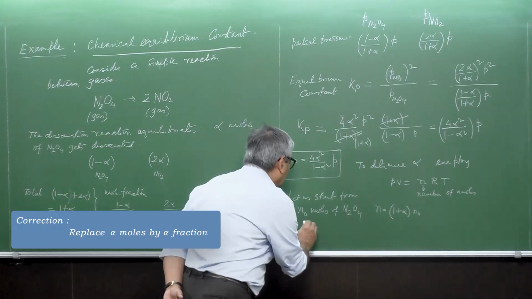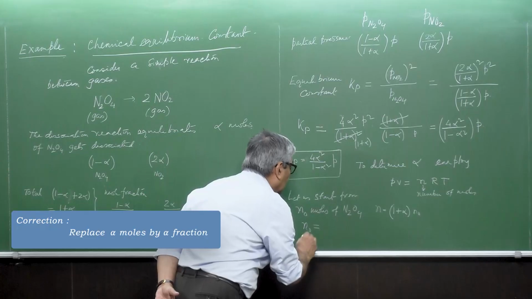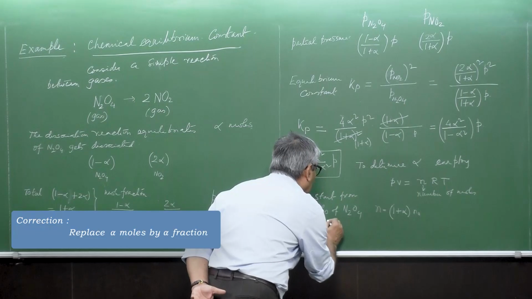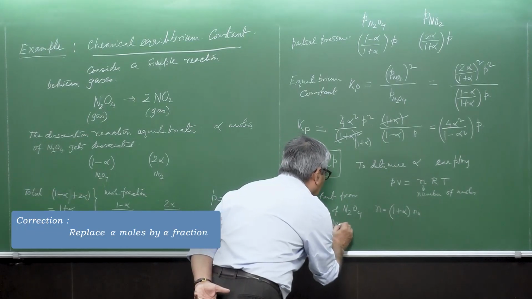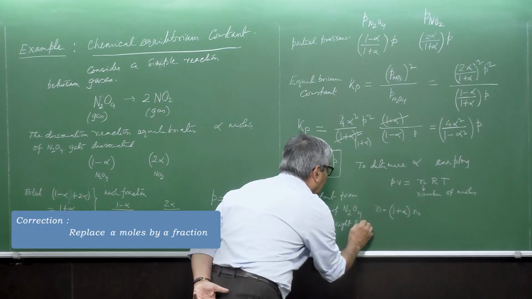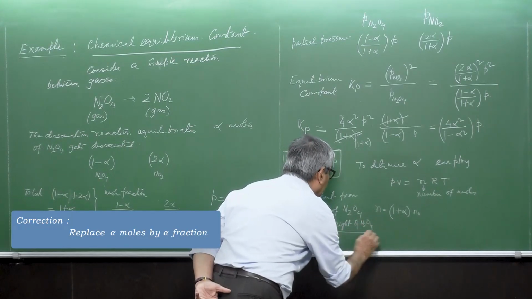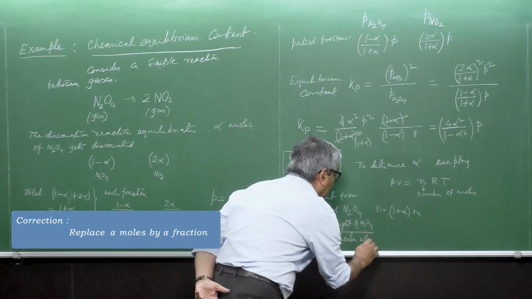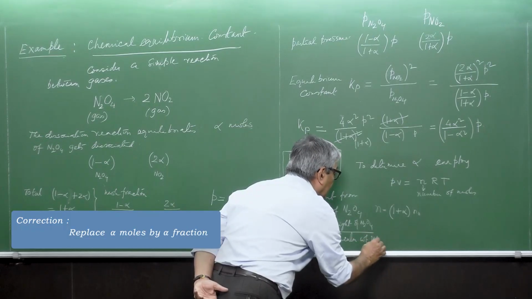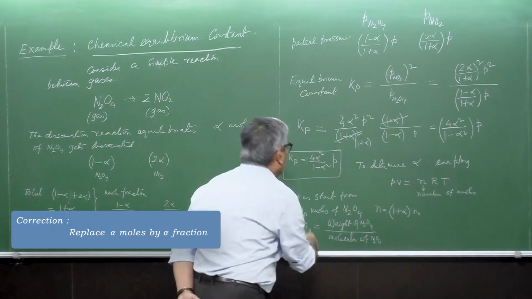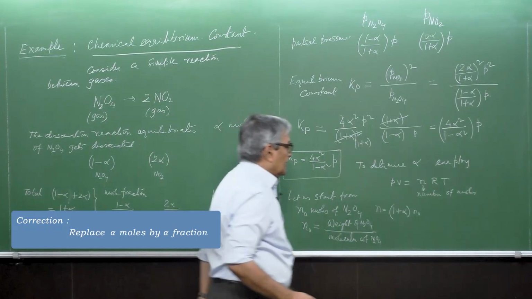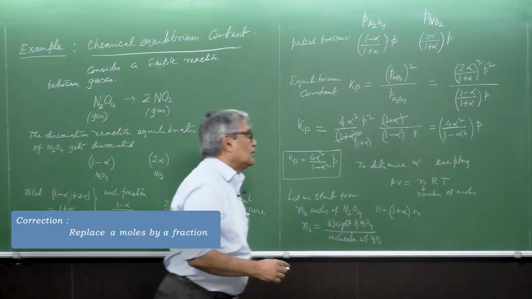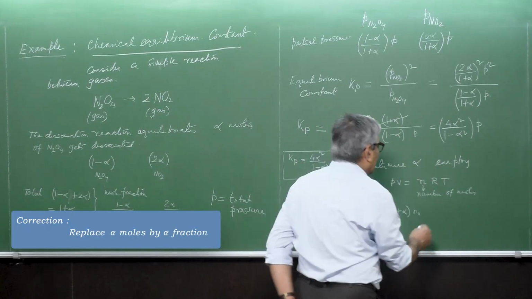You know that N0 can be determined easily if we know the total weight of N2O4 divided by the molecular weight of N2O4. So that is simple. But we will have to take care of this 1 plus alpha, because that is the total number of moles at equilibrium.